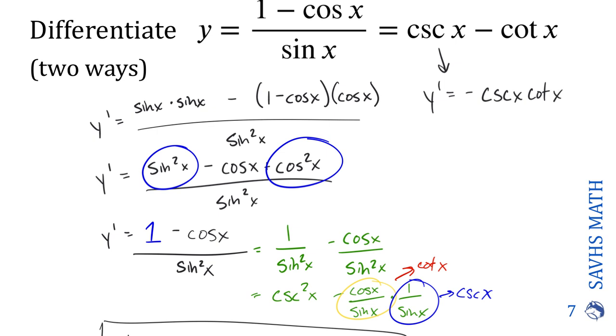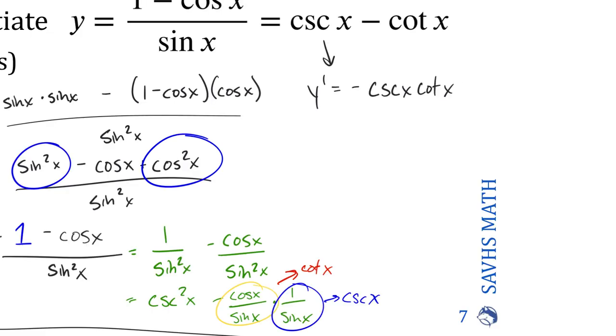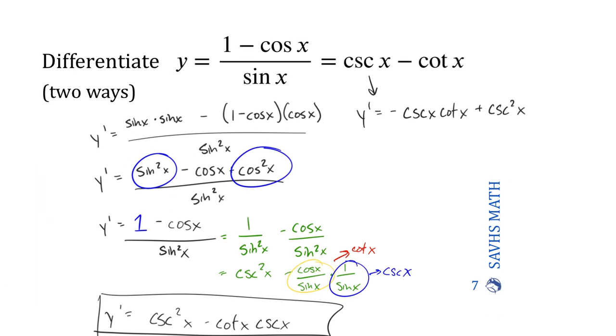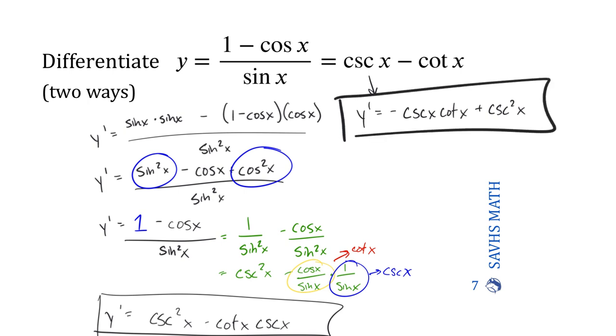And then the derivative of negative cotangent would be plus cosecant squared x. And so we can see that the two representations that we have are equivalent right there. They're the same, just in different orders.